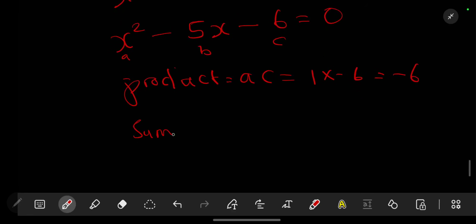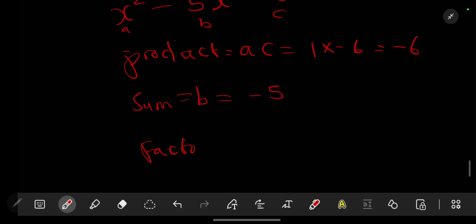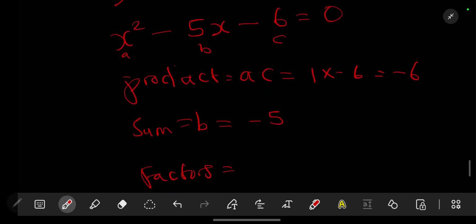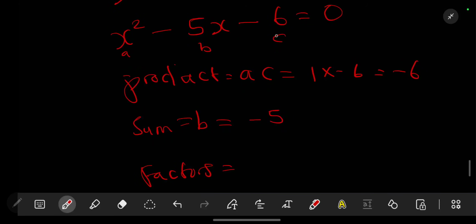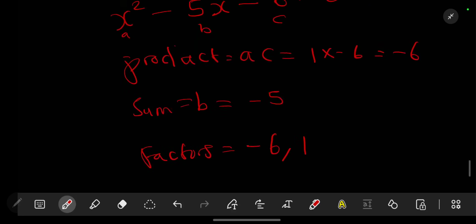Our sum is equal to B, so our sum is equal to negative 5. Then our factors are two numbers which when we multiply them they give us negative 6, and when we add them, they give us negative 5. They are negative 6 itself and positive 1. We multiply, they give us that. We add, they give us negative 5.